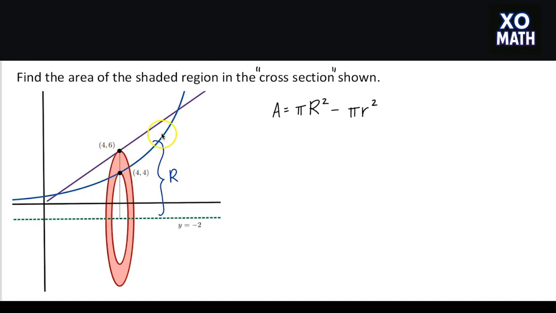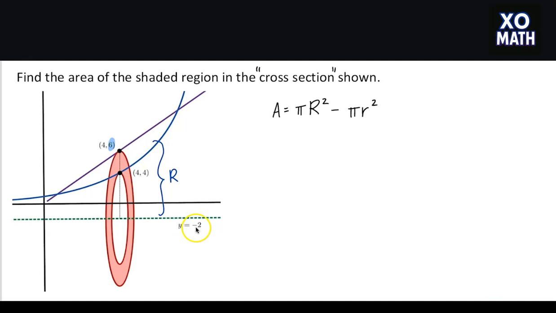Because we're thinking up and down, we're going to focus on the y value. The y value at that very top point is 6. And then all the way down here, the y value at this green dashed line is -2. So how many total units is that? Well, if we think about it, we're going from 0 to 6, if the x-axis is 0, so that's 6 units. And then this is an extra 2 units away.